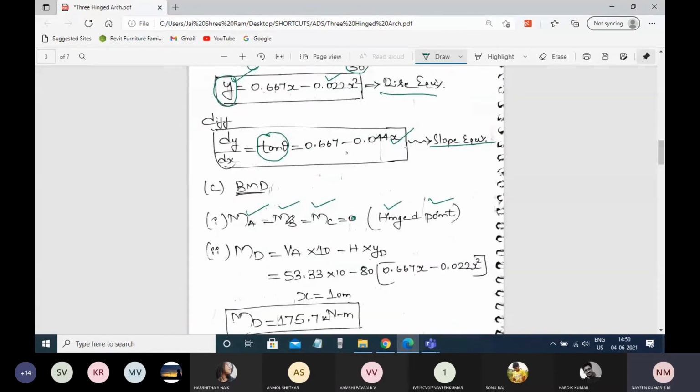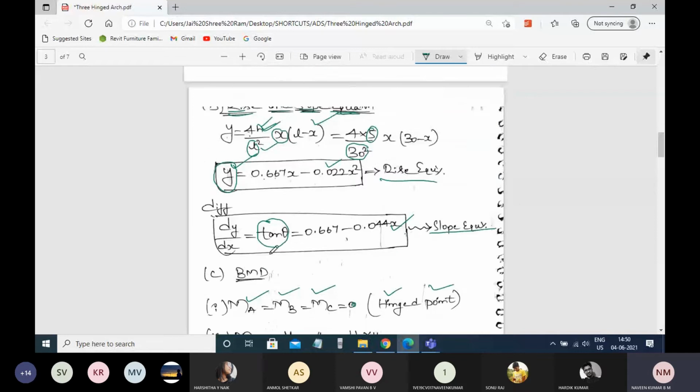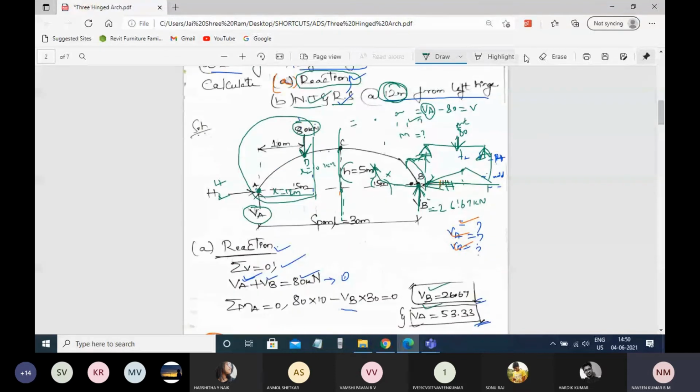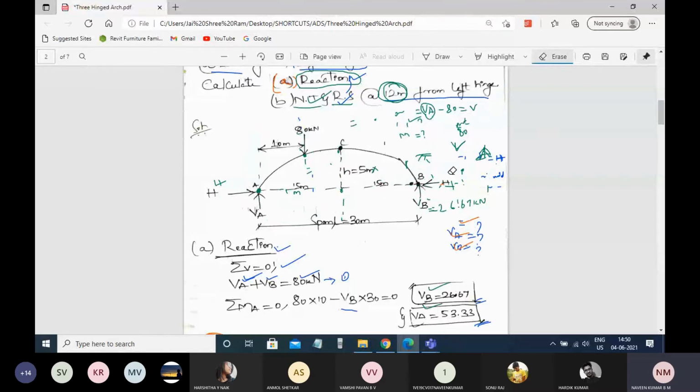So how to find the moment at D? You just consider the forces up to D, up to this location. Which forces are acting? VA is acting. So MD equals VA.